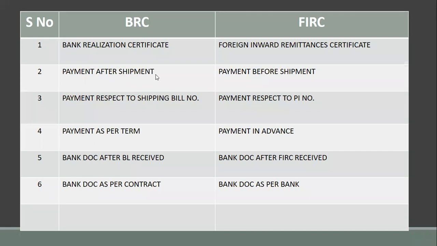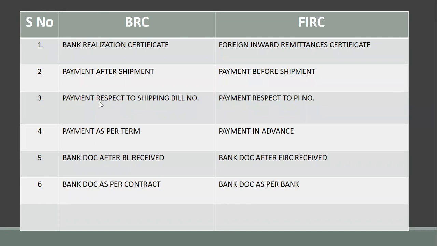When we receive a BRC, it means that payment is realized in your account for the export after the shipment is dispatched. But in the case of FIRC, payment is received before shipment, which means you may receive the payment in advance or in respect of any services.